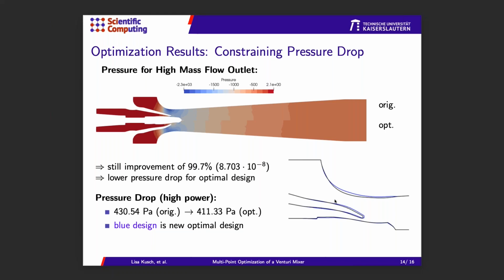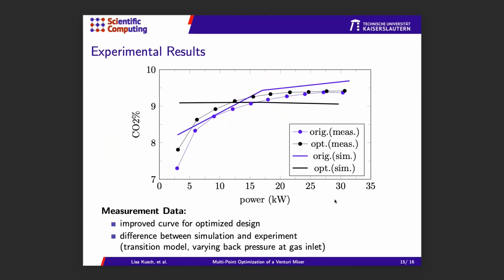So for this particular design, we now did some measurements. It was 3D printed, and we did measurements at the Bosch test lab for this 3D printed new design. And the measurements are these dots right here, for the original blue design and for the optimized black design.